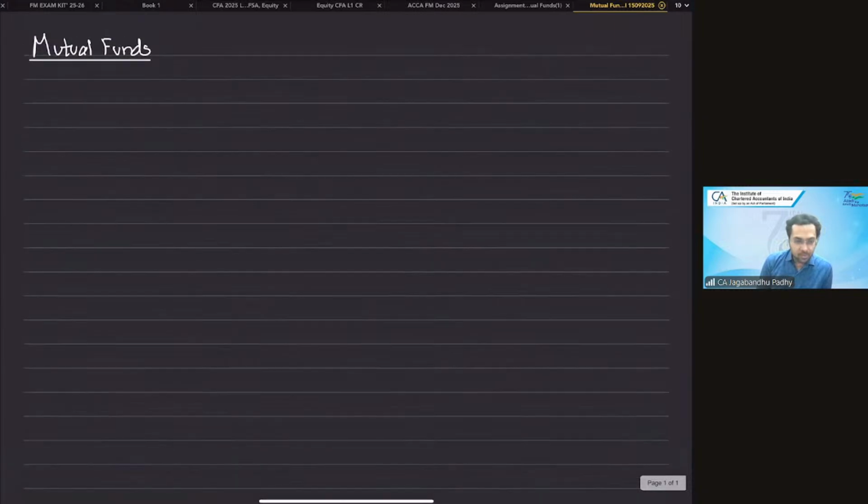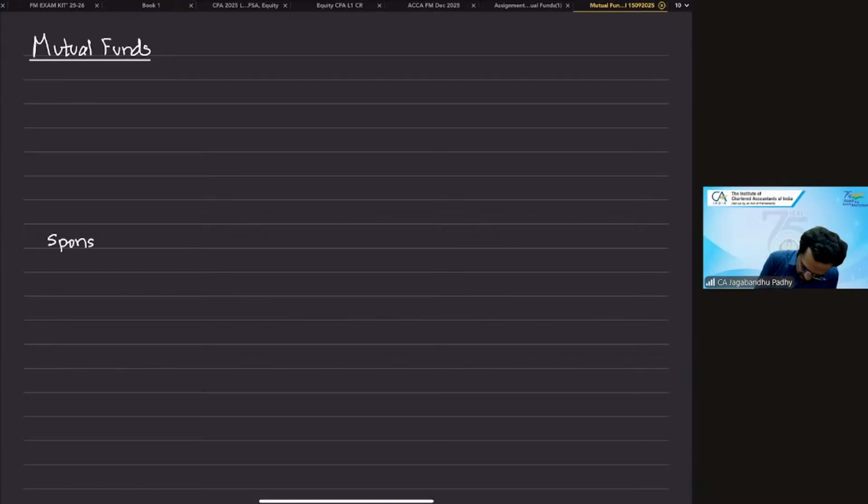Now, when you want to start with a mutual fund, you always need a sponsor. So the story of mutual fund starts with a sponsor. So in our case, let's say the sponsor is State Bank of India Limited, and this bank is having, let's say, 10 crores as funds available for investing.